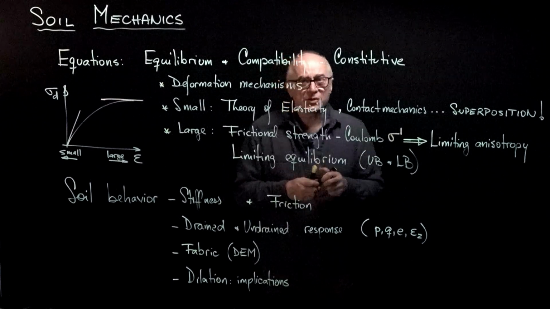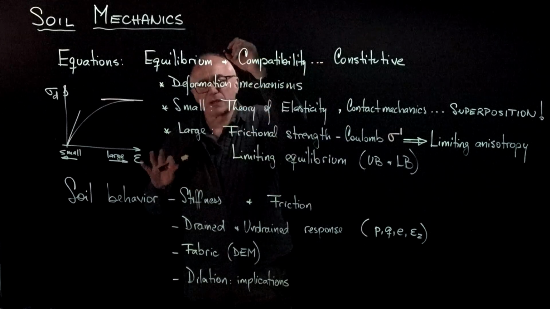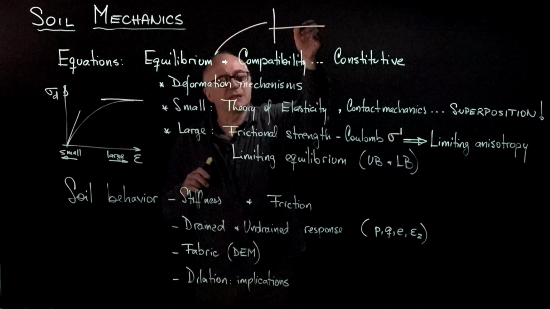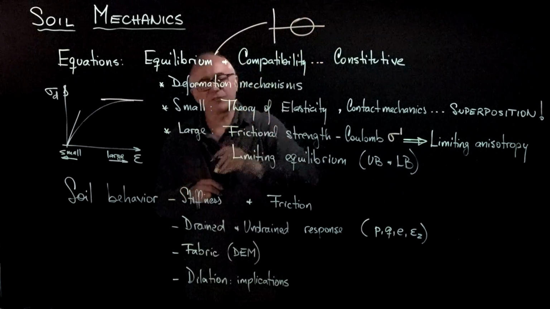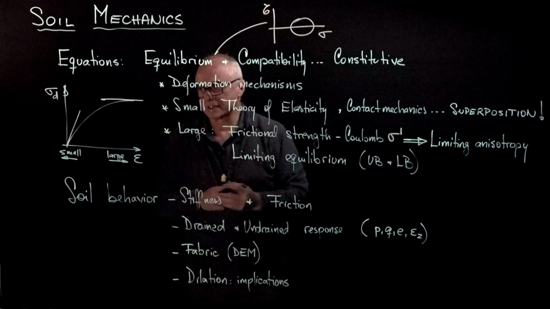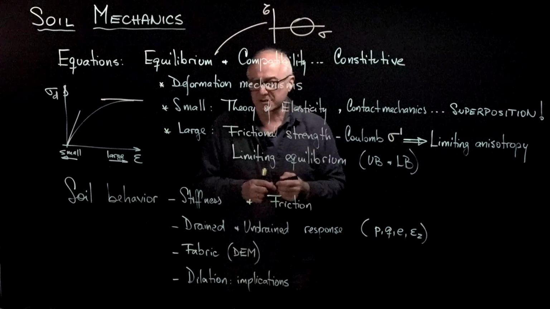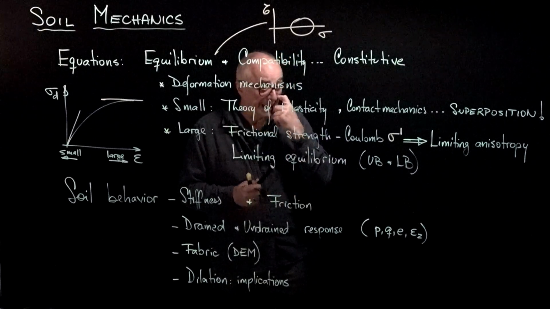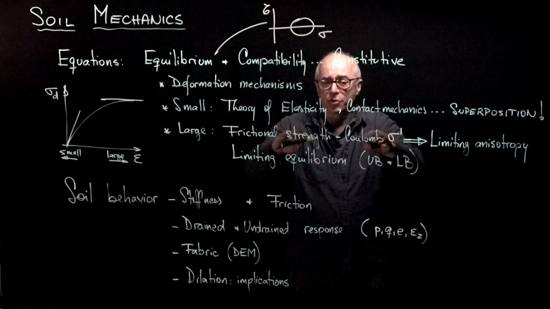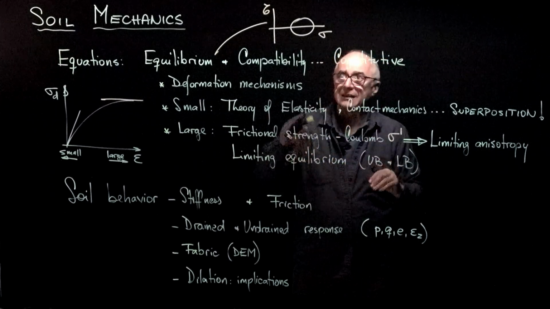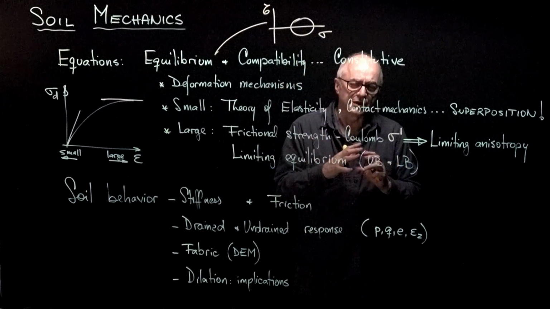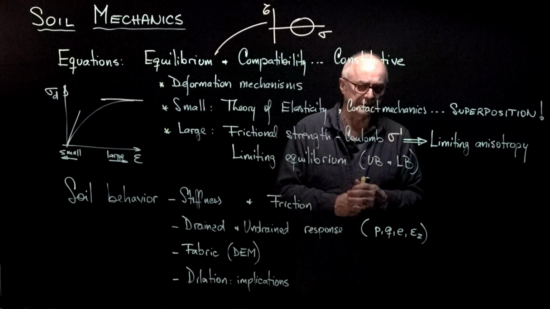Now, we should have said that when we analyze equilibrium at a point, one important result is that the state of stress at the point in equilibrium, in terms of shear and normal stress, defines a circle, which we call the Mohr circle. Now, if the state of stress at the point is a circle and the Coulomb frictional behavior is a line in the tau-sigma space, then the interaction between these two will tell us when the point is at failure.